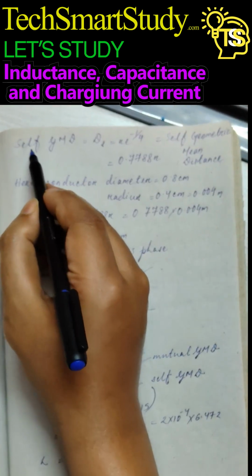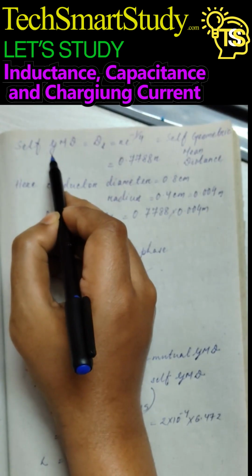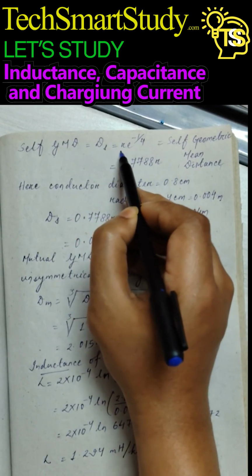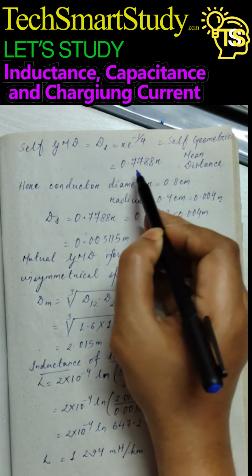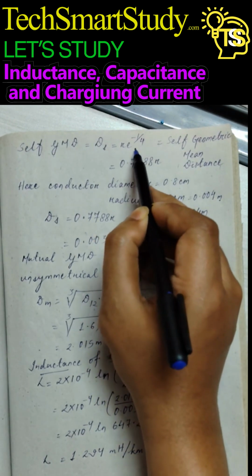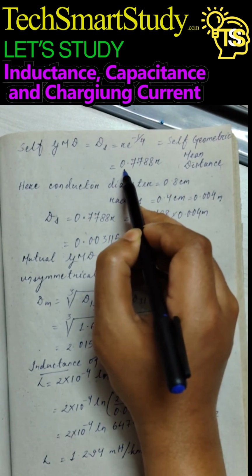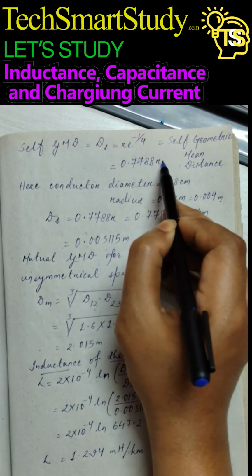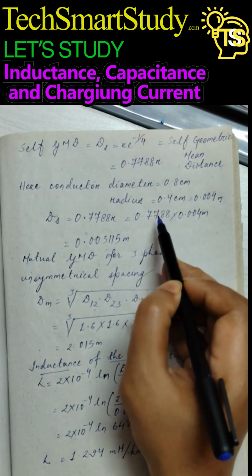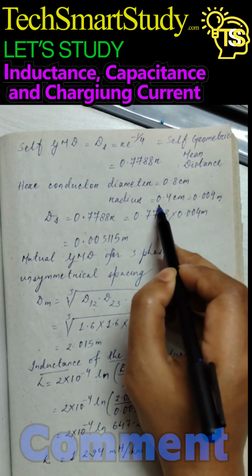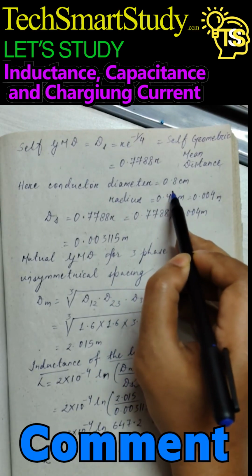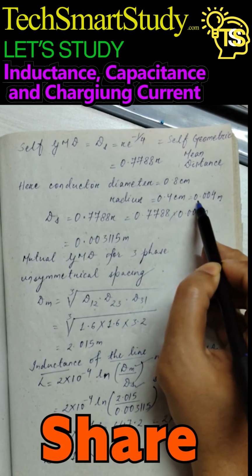So here we're calculating self GMD. Ds is equal to r e to the power minus 1 by 4. So e to the power minus 1 by 4 is 0.7788 into radius r. We got diameter, so we will convert it into radius, divided by 2, and convert it into meter.